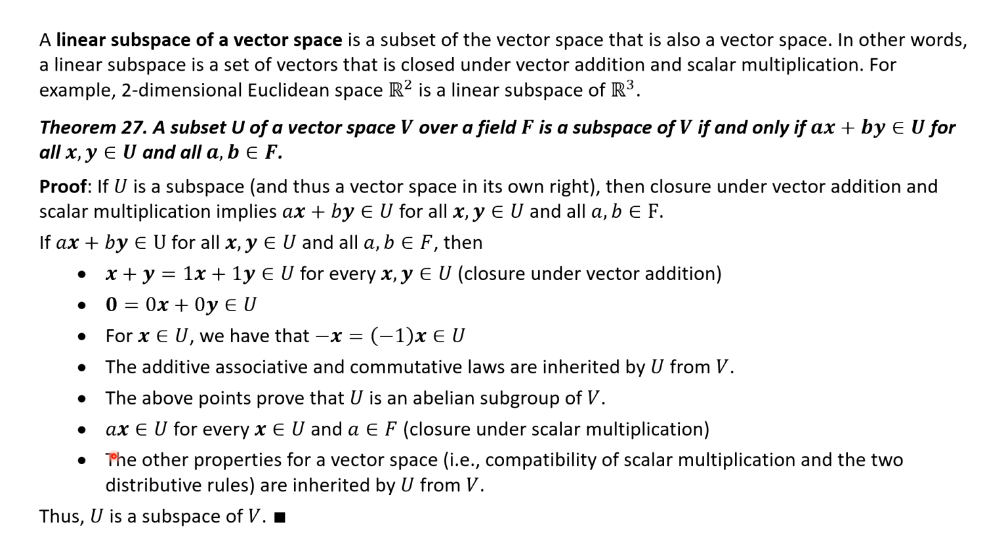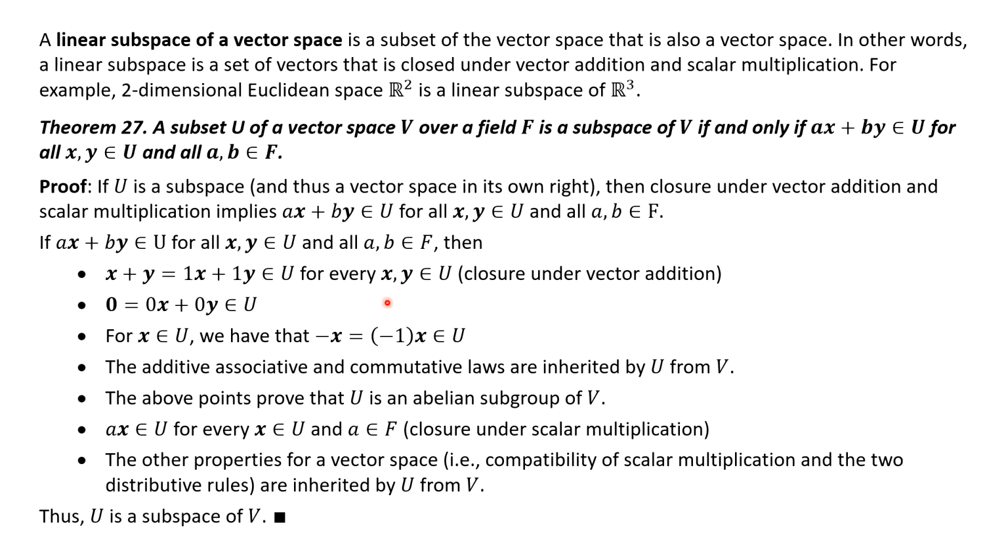We can just write ax plus 0 times y. The other properties for a vector space, compatibility of scalar multiplication, and the two distributive rules are inherited by U from V. So thus U is a vector subspace of the vector space V.